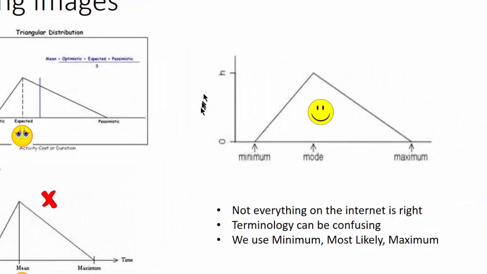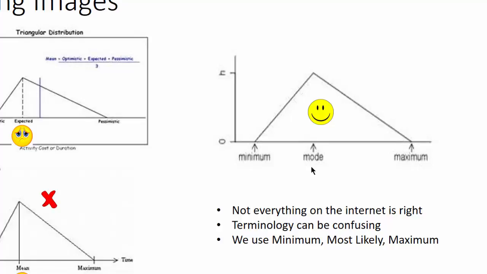Over here is another picture referring to the minimum and the maximum, and then shows the mode being the highest point of this triangle. And I agree that that is the mode, but it is a red word, if you will, in Sam Savage's terminology.